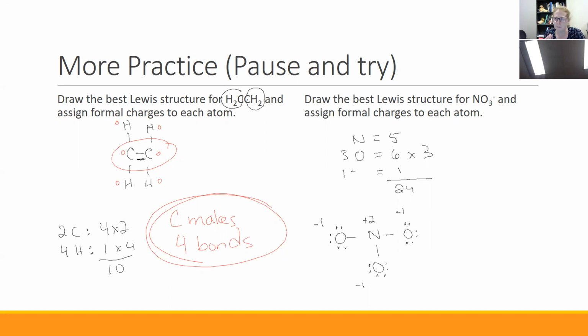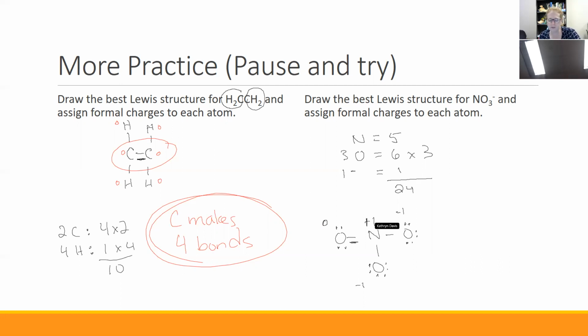If I erase a bond and convert it to a double, though, it sure looks better, because doing that takes this oxygen down to a 0, and it takes this nitrogen down to a +1.